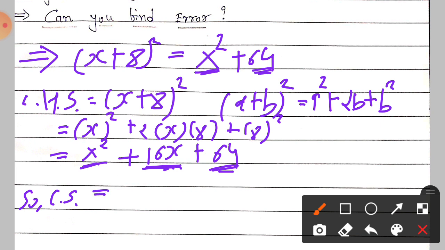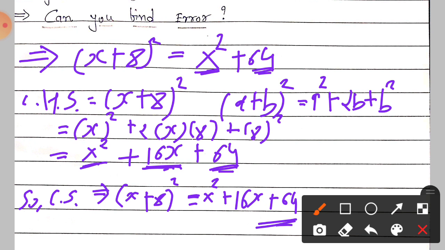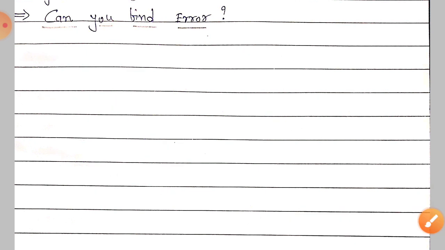Correct statement is equal to, or you can say implies, x plus 8 whole square is equal to x square plus 16x plus 64. That's your answer. This type of question may be asked in your exams. Let's do some more examples.